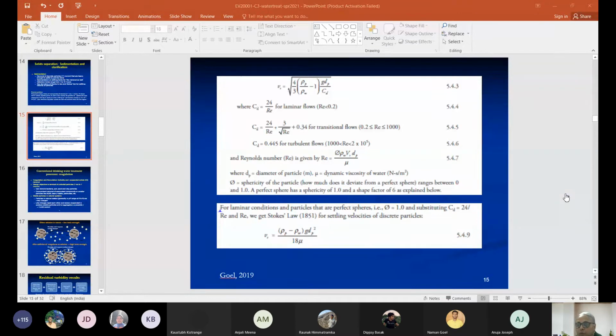For D is equal to 1 millimeter, Reynolds number is 0.011078.